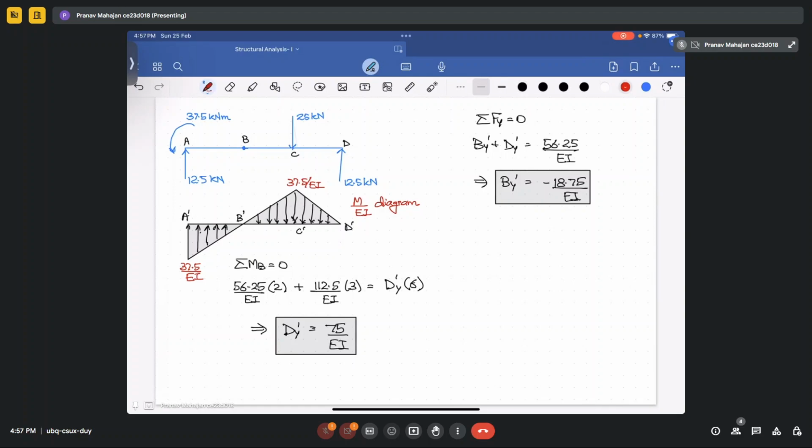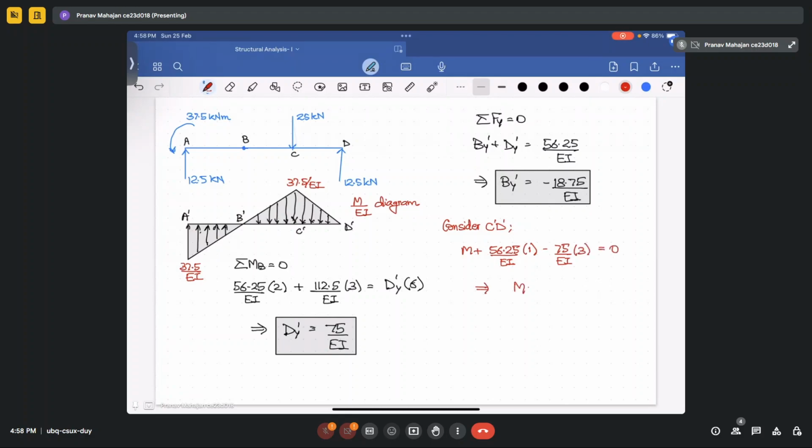Calculate moment also. So consider section C dash D dash, because you have to calculate the deflection at point C. So take moment at point C. So what will you get? You will get M plus 56.25 upon EI into 1 minus 75 upon EI into 3 equal to 0.